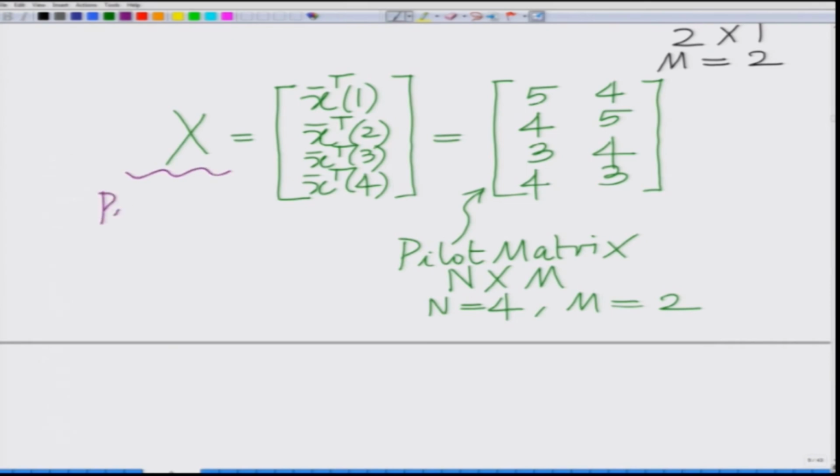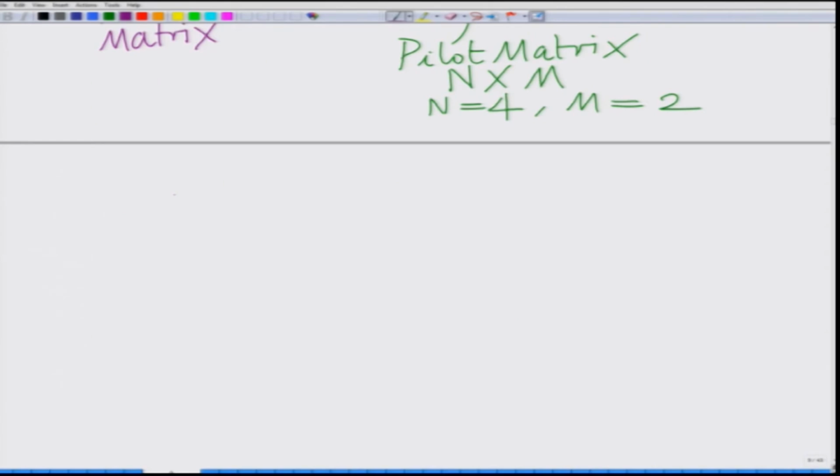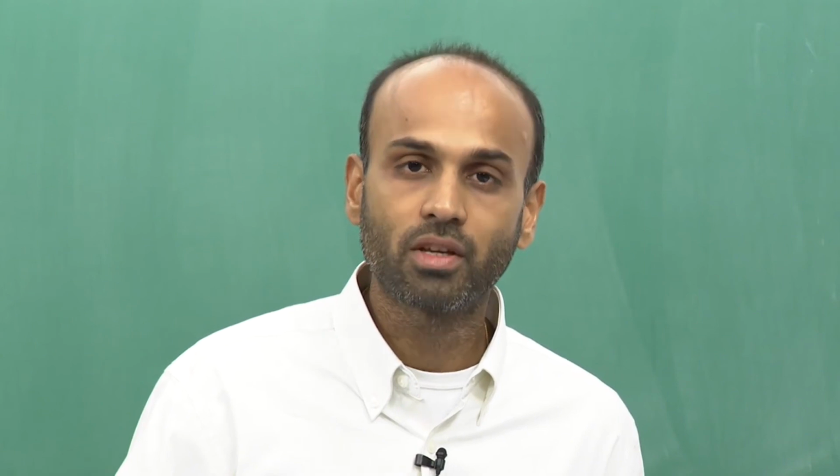This is the first important aspect of multi-antenna channel estimation. We have to form the pilot matrix. Next, we form the observation vector, that is y bar. Remember, y bar is n cross 1, where n is the number of observations. Okay.